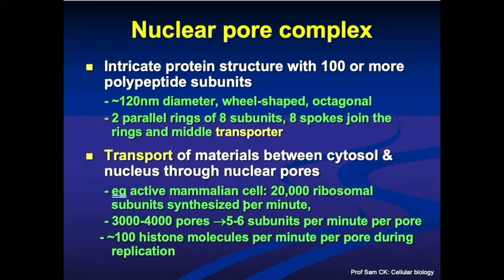With 3,000 to 4,000 pores, that means around 5 to 6 subunits per minute per pore. And another example: during replication, around 100 histone molecules per minute per pore are transported.